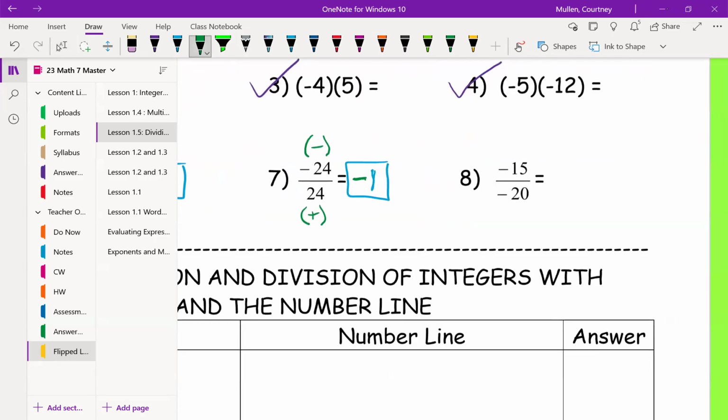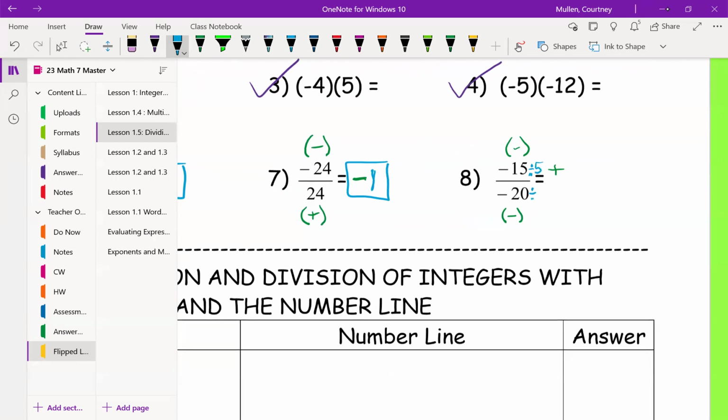Number 8. What's the sign on the 15? It's negative. What's the sign on the 20? It's also negative. A negative divided by a negative we know should be a positive. That's right. What can we simplify this ratio by? What's the greatest common factor of 15 and 20?